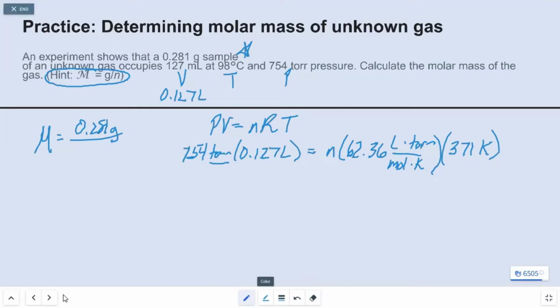To get moles by itself, we're going to have to divide both sides by the 62.36 liter torr per mole Kelvin and 371 Kelvin.